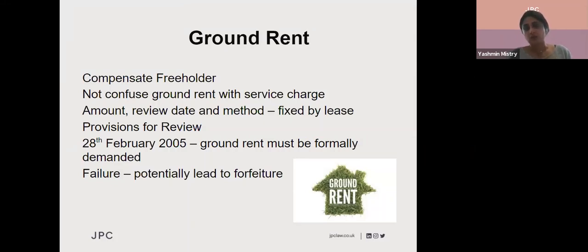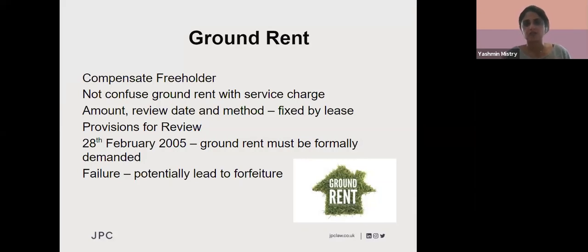Usually ground rent is a nominal amount, so it's 10, 50, £100, maybe £200. It can either be fixed for the whole of the term, so it's £100 for the whole of the term. It could be reviewed, so it could double. Another way in which ground rent is reviewed is that in the first 33 years of the term, it's X amount.